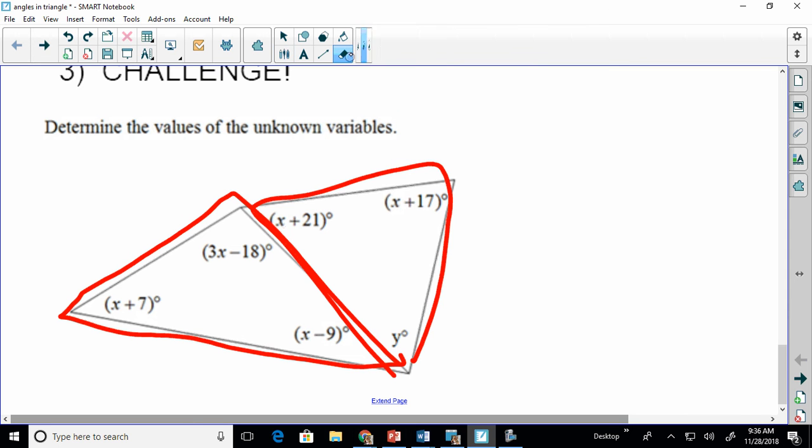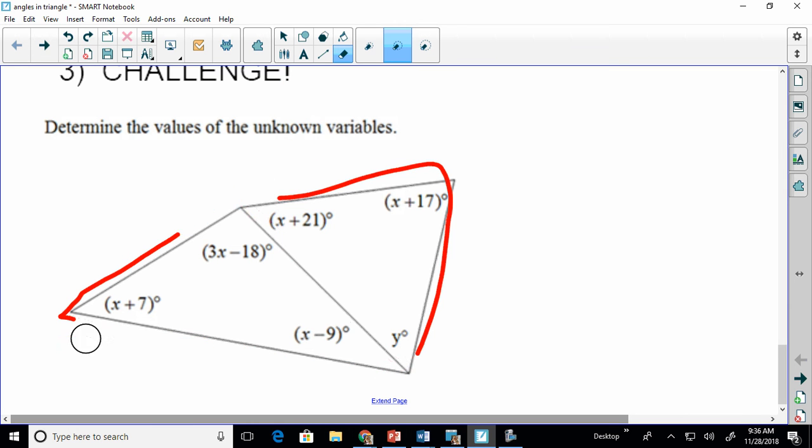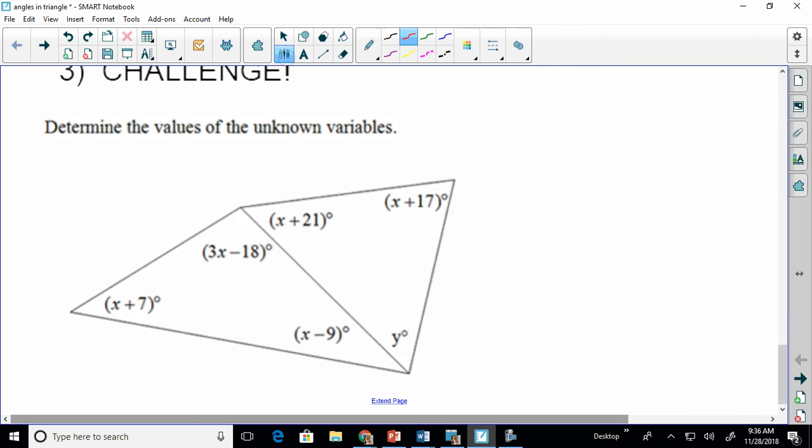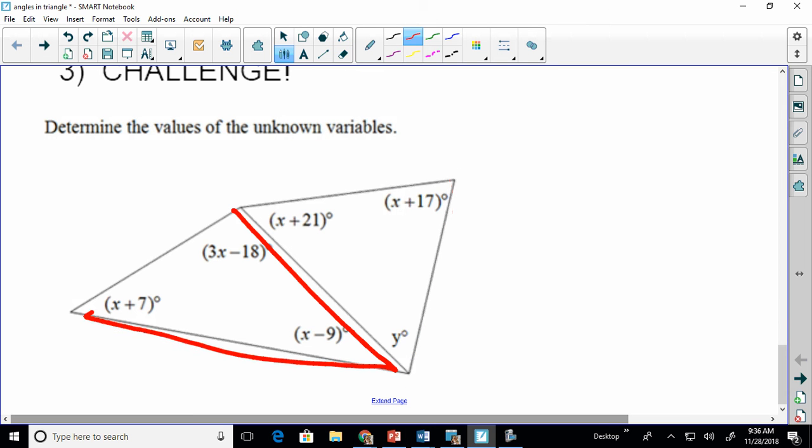So if I had to determine which one to start with, I would want to start with the one that has all the same variables. So this one has x, x, and x. This one has x, x, and y. So that would not be a good one to start with. I want to start with the one that has all the x's in it. So I'm going to start with this one on the left here.